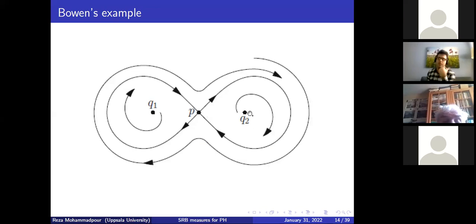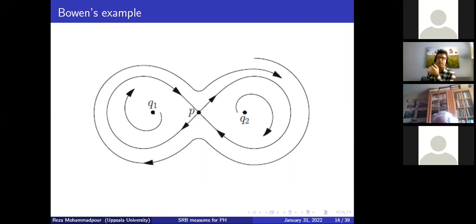One can adapt this example such that P is an indifferent fixed point. Imagine you have all negative Lyapunov exponents. Then it's not an SRB measure. So that was an example of a physical measure which is not an SRB measure. This example is called the Bowen example.